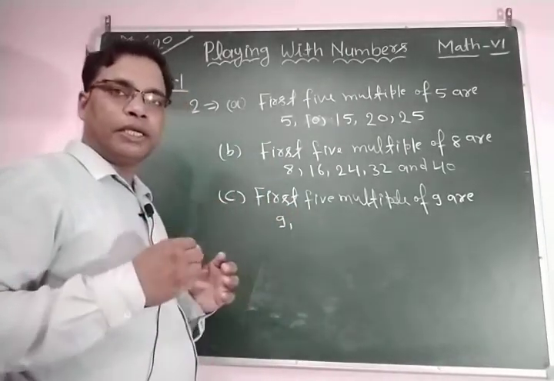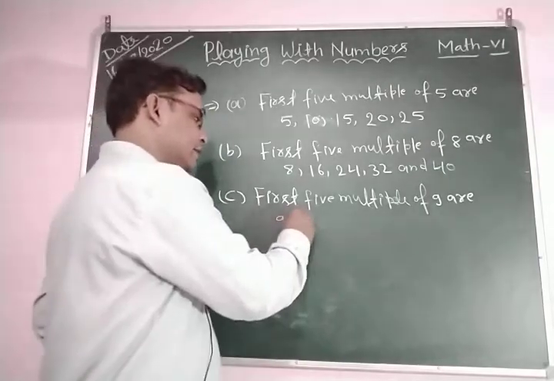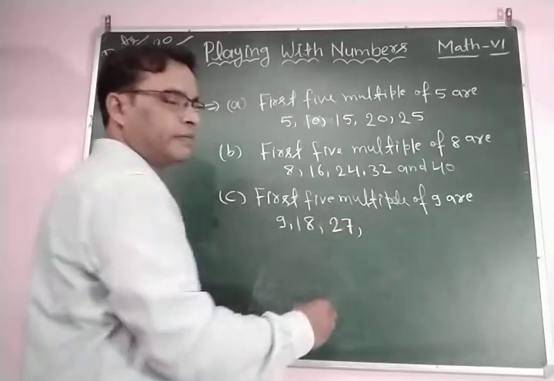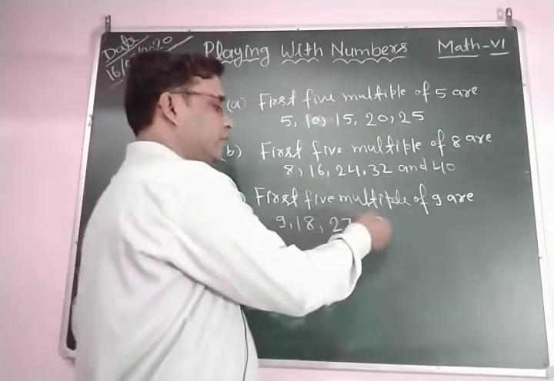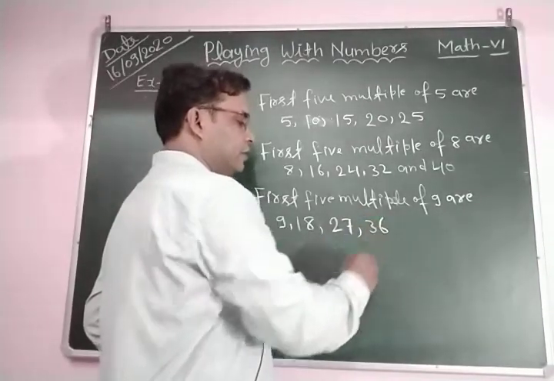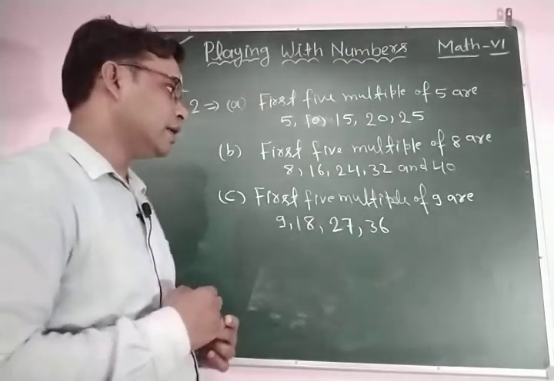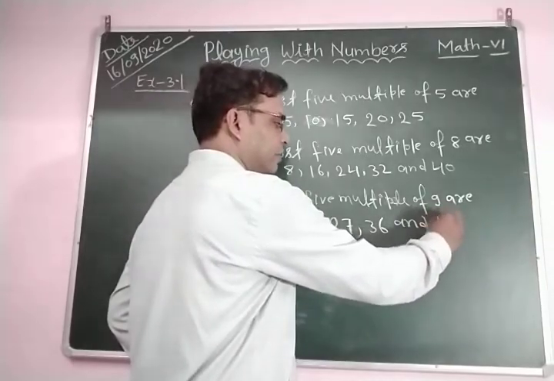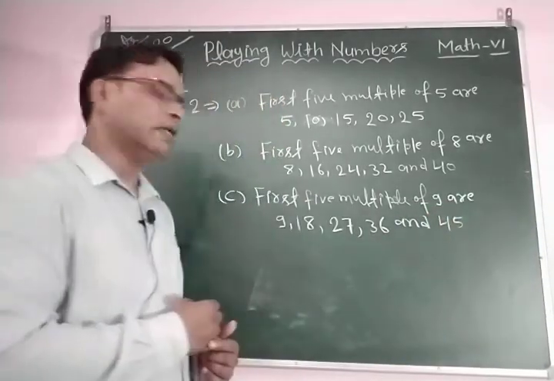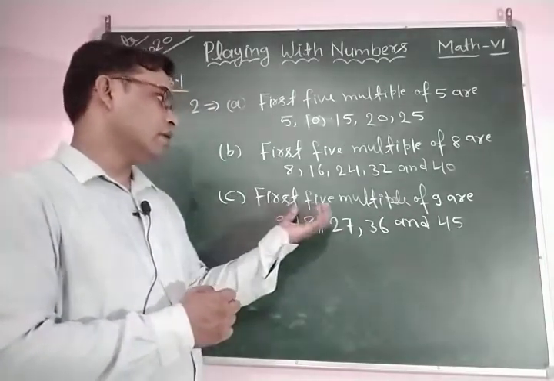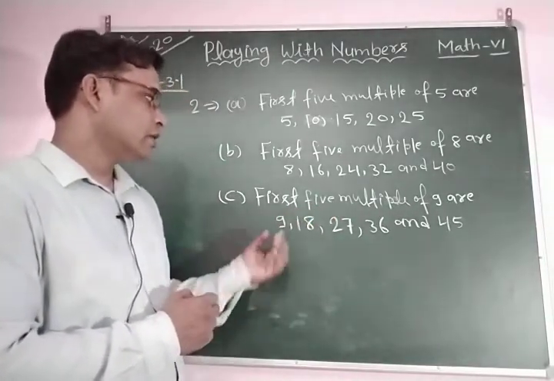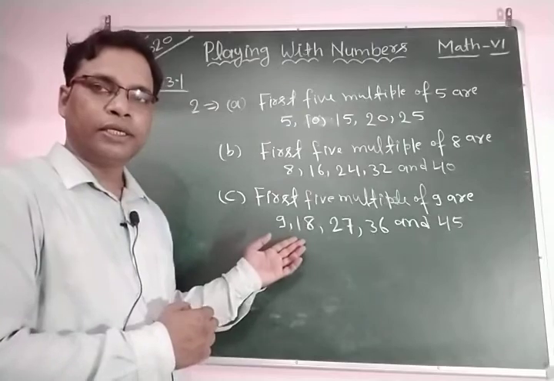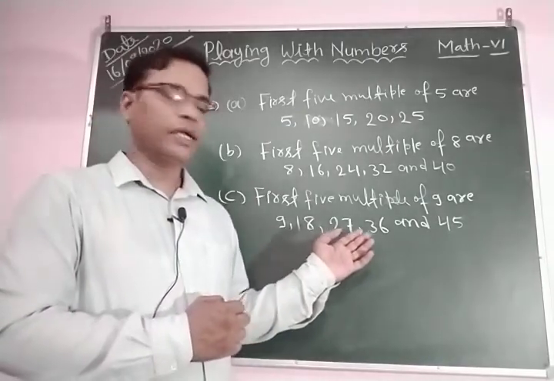When we multiply 9 into 2, we get 18, the second multiple. 9 into 3 is 27, the third multiple of 9. 9 4 is 36, the fourth multiple of 9, and 9 5 is 45, the fifth multiple of 9. Okay, so in this way the first 5 multiples of 9 are 9, 18, 27, 36 and 45.